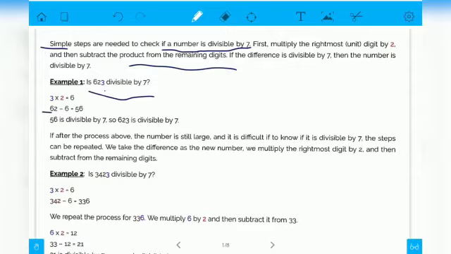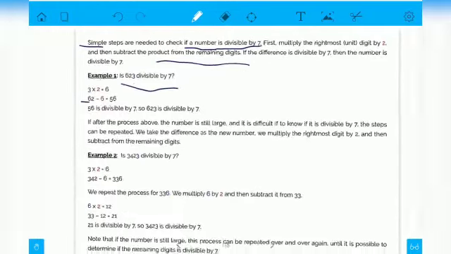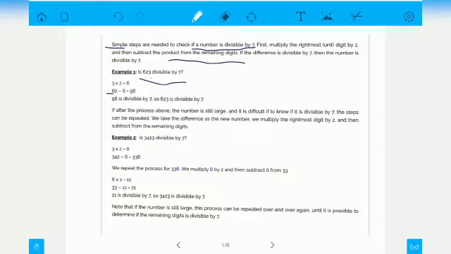Do you know that 56 is divisible by 7 or not? You will say yes, 7 8s are 56. That is why the number itself, that is 623, is divisible by 7. So this is the divisibility test for 7. Here you can see another example done in the same way.